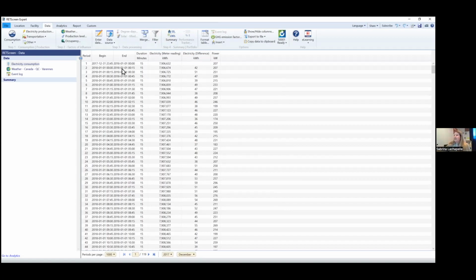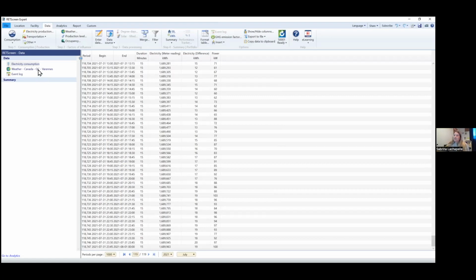Here we can see that I have my first electricity consumption data for 1st of January 2018. And if I go to my last page, here we can see that I have data until the end of July 2021.